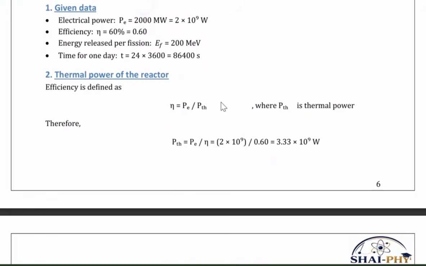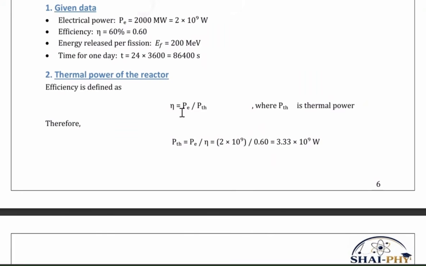Here efficiency means that the amount of energy generated per fission and converted to electrical form is only 60%. What we get in the output is just 0.6 times the energy produced.